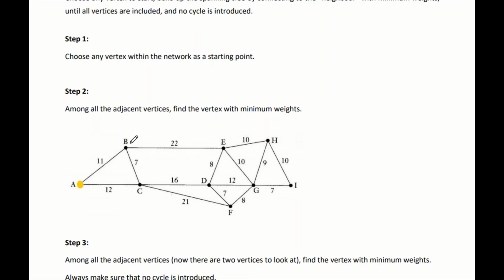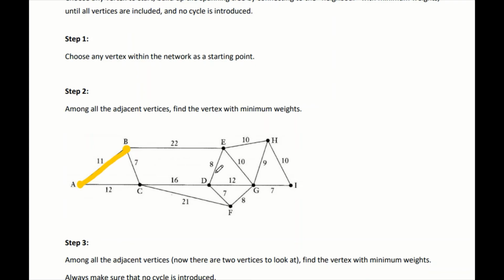So look at the vertices that are adjacent to the one that you chose, then find the vertex that gives you the minimum weight. You can see that B and C are both adjacent to A. Which one gives you the minimum weight? Of course, 11 is shorter than 12, right? So that's why I'm going to pick B. When I pick B, which means that I'm going to choose this edge AB.